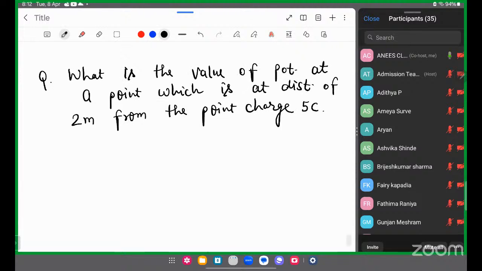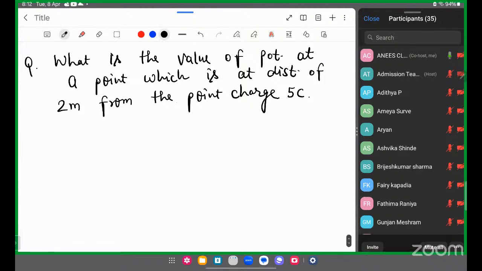This is one part of the question. You have to find the value of potential at a point which is 2 meters from point charge 5 coulomb.